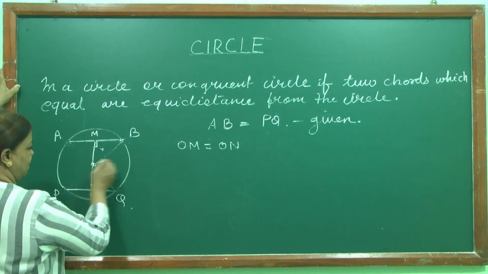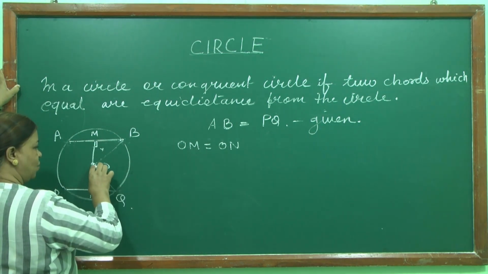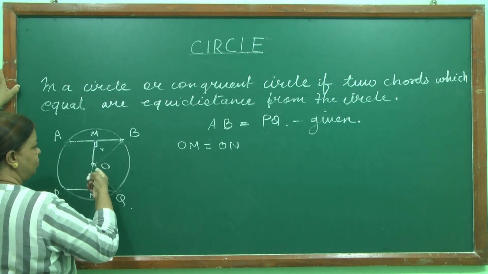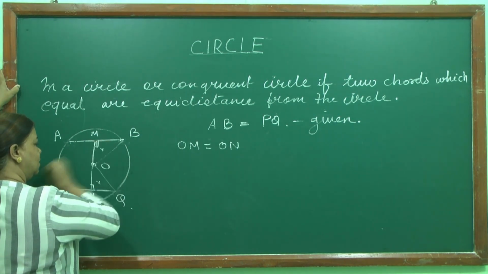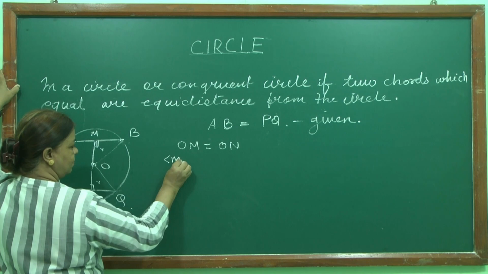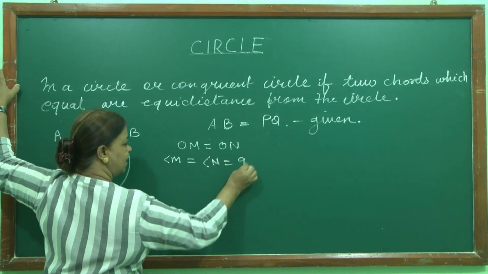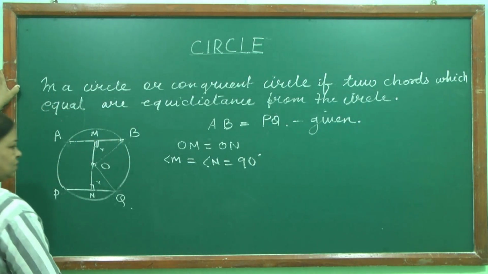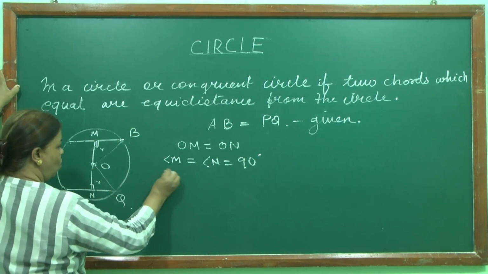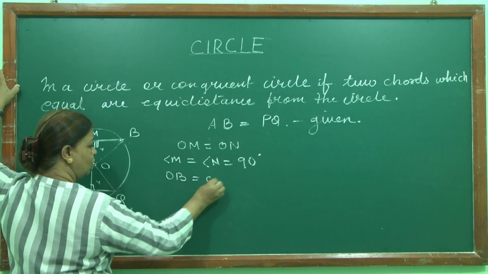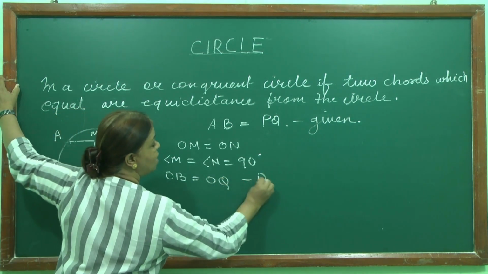So we want to prove OM is equal to ON. We can prove it easily. Angle M is equal to angle N, which is 90 degrees. OB is equal to OQ, radii of the circle.